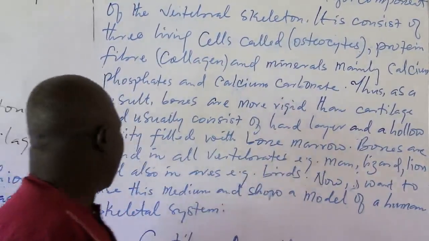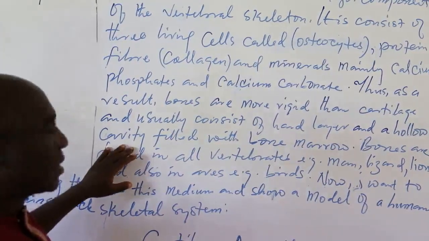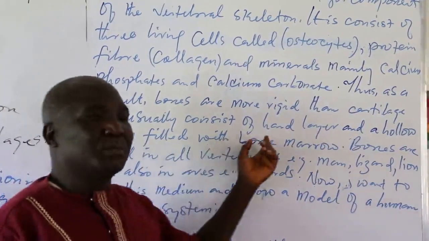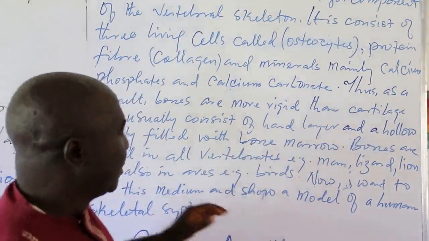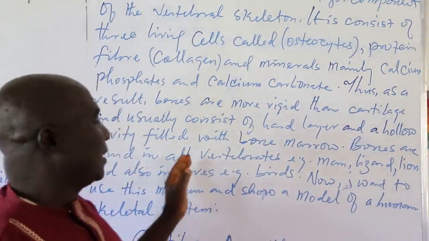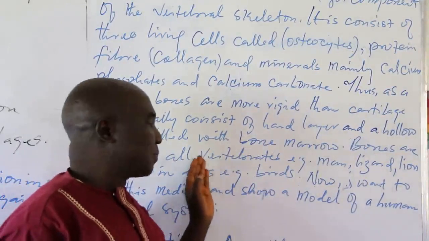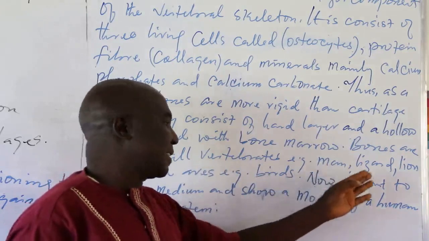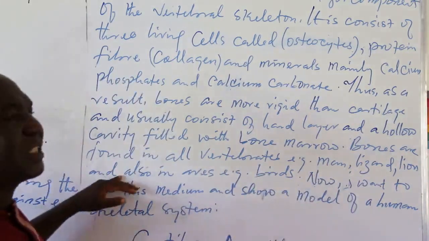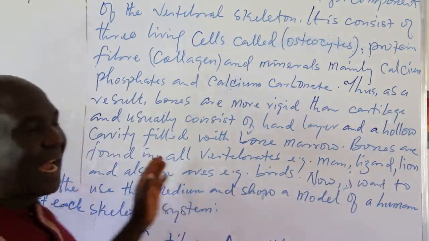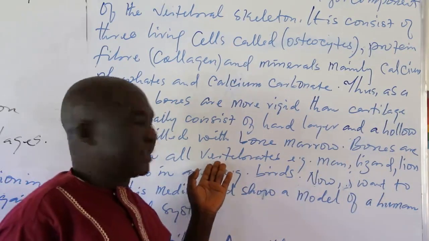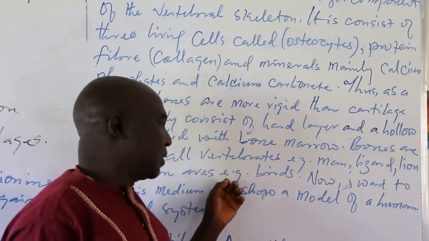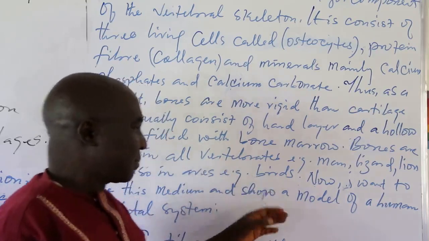Bones have a hollow cavity, and the hollow cavity is filled with bone marrow. Bones are found in all vertebrates, a few examples being man, lizard, lion, and also birds.